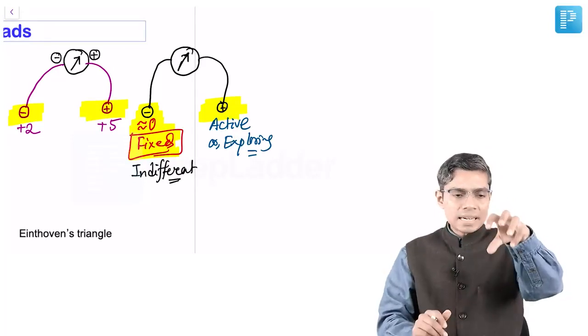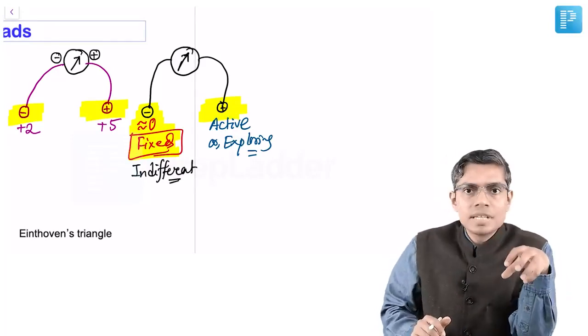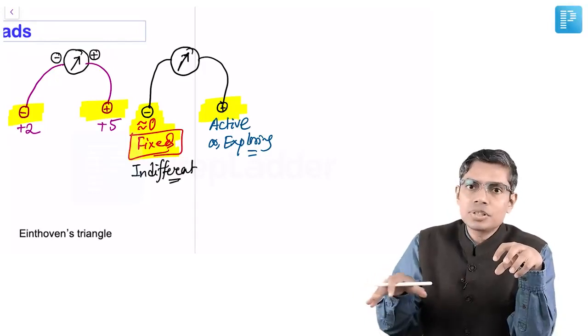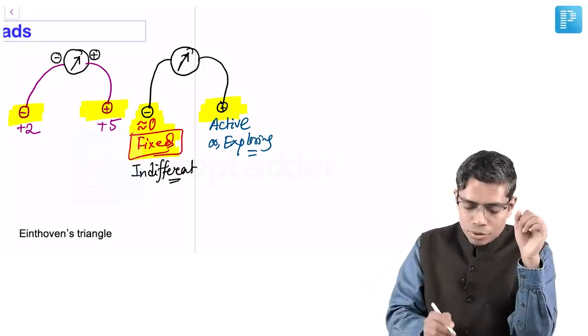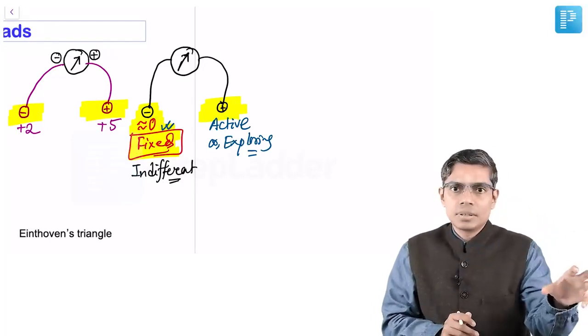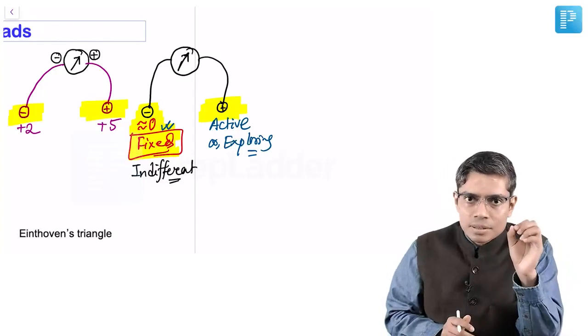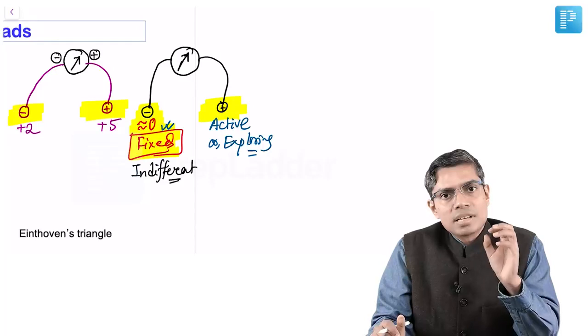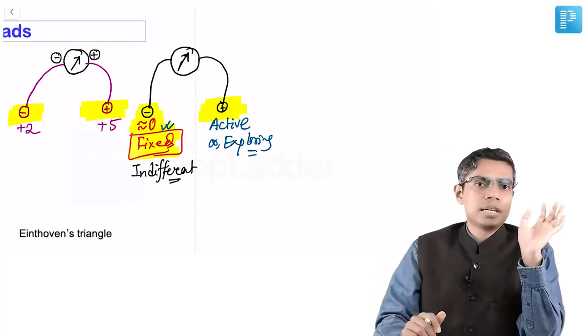Now the active electrode is measuring a voltage with respect to 0, with respect to a fixed voltage. That voltage is not going to change. So this voltage which is not going to change, the fixed voltage, is known as the indifferent electrode. So a unipolar lead means one electrode is indifferent and the other electrode is the active or exploring electrode.